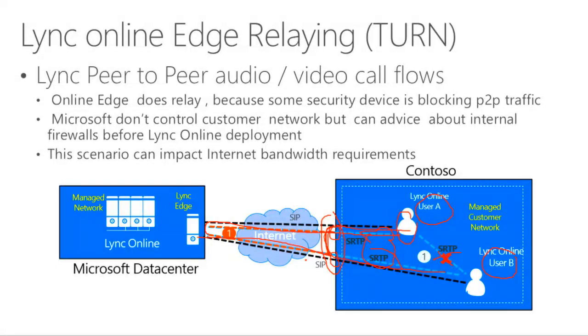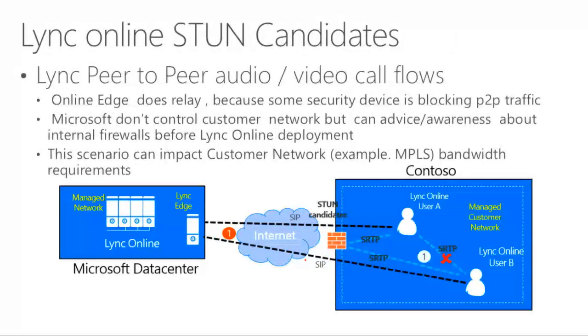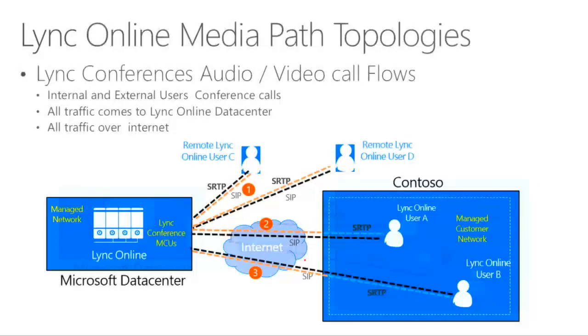Multiply this scenario by 1,000 or 2,000 users having this. There is not going to be enough internet bandwidth to cover this. So that's one of the scenarios that we are trying to avoid, but that still can happen. This is the second one that I showed you. And that's for peer-to-peer.